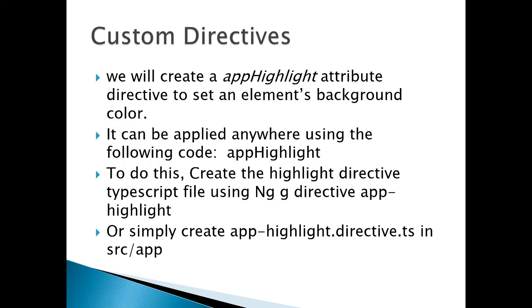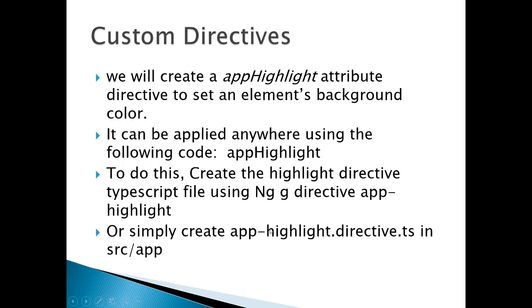In the other case, if you don't use this way, you can just go to your app directory and create a file named app-highlight.directive.ts. So what we have done is create a ts file either directly or through the script. If we use the script, it will automatically add the information into our module.ts.